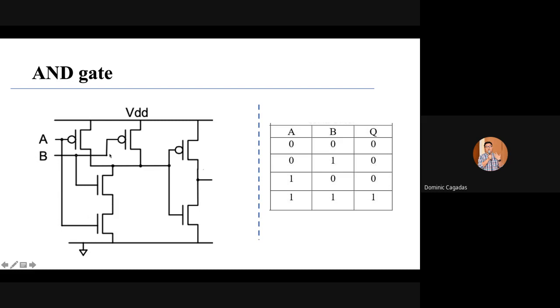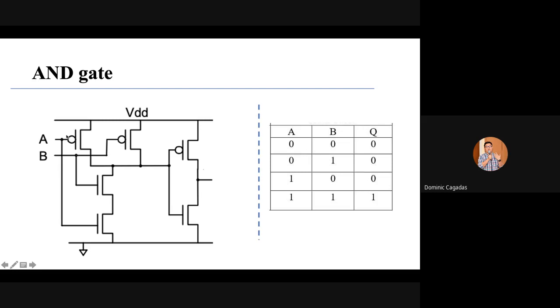The input of B is on the gate of this PMOS and the gate of this NMOS. But the input of this inverter is not connected to your B. Instead, the input of the inverter is connected to the output of your NAND gate.